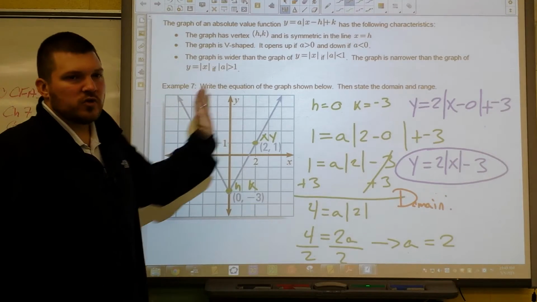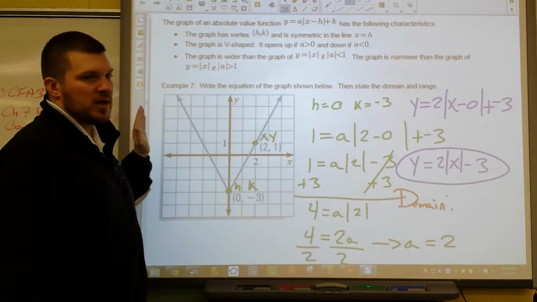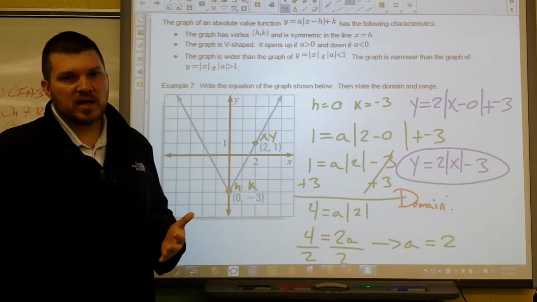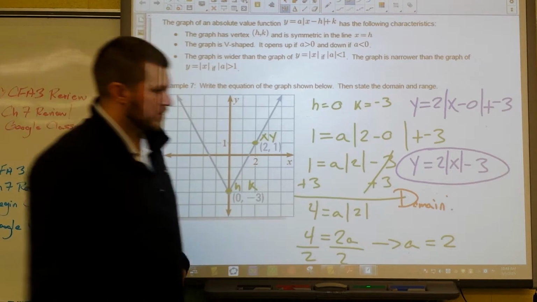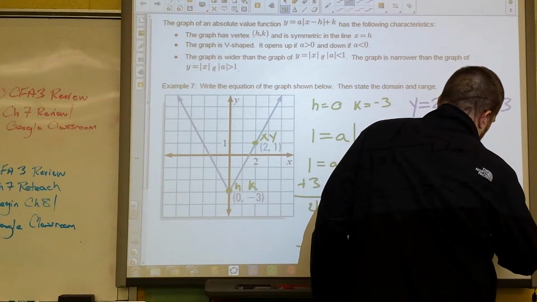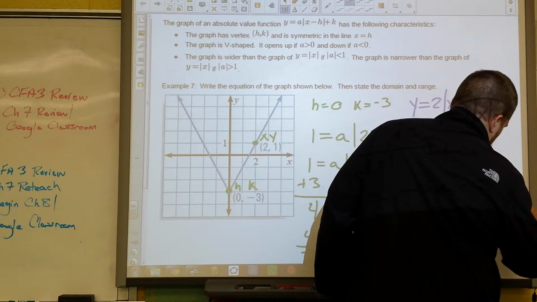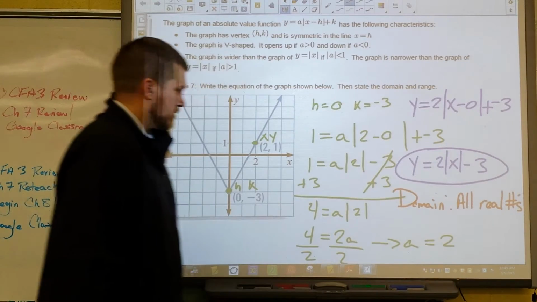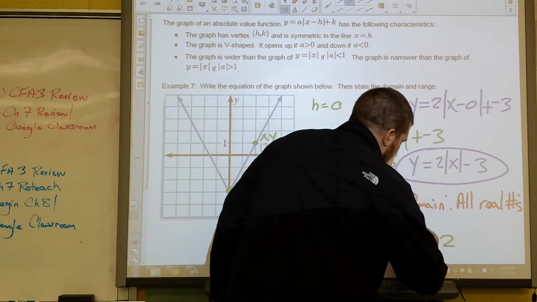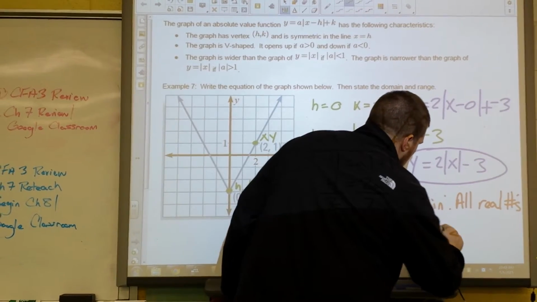That means I can go as far right or as far left as I want to with this graph. So since I can do that, my domain is all real values, or all real numbers.